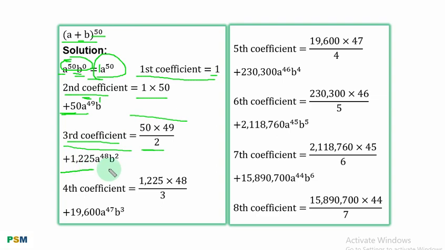You have these results. The power of A will decrease from 49 to 48, and B will increase from 1 to 2. The fourth coefficient is the previous coefficient times the power of the first term, that is 48 divided by 3.